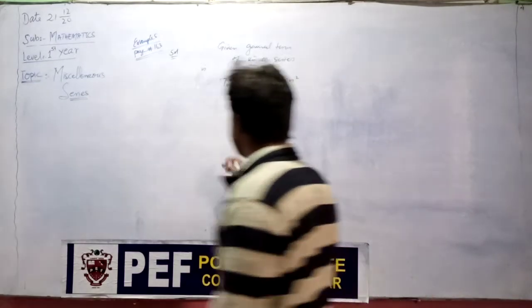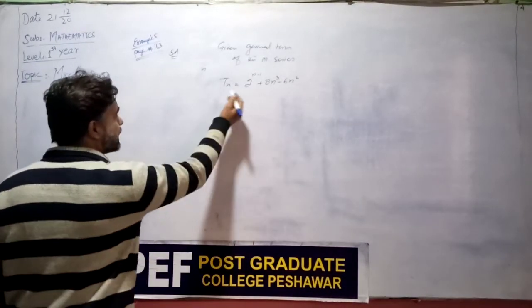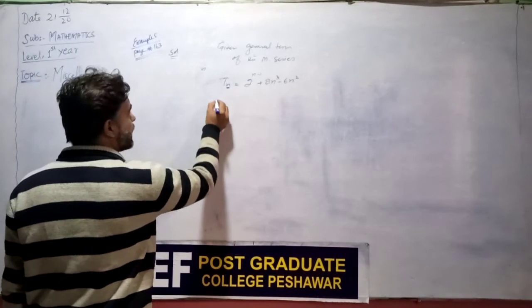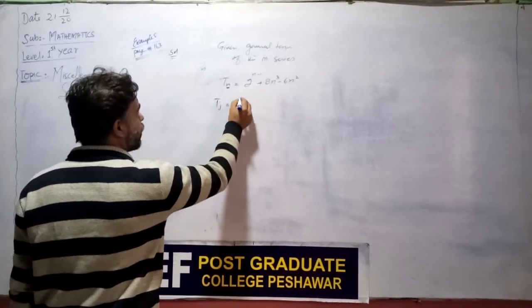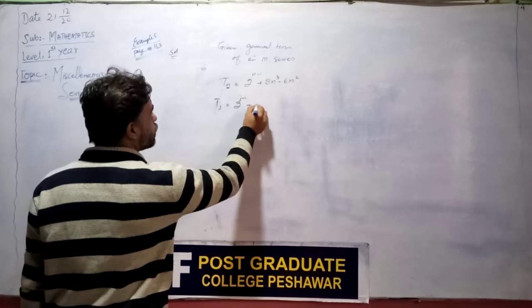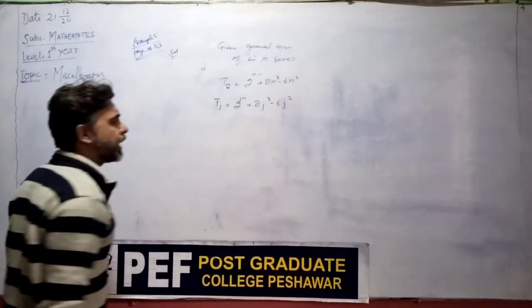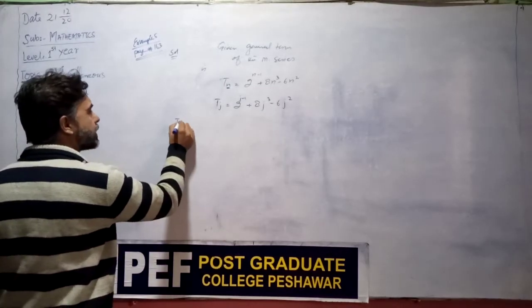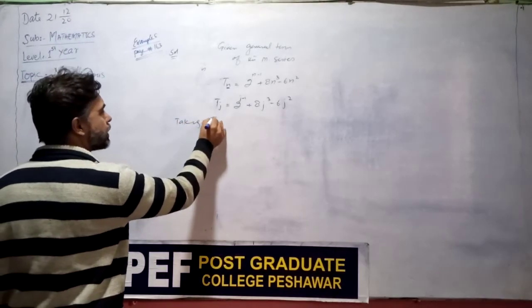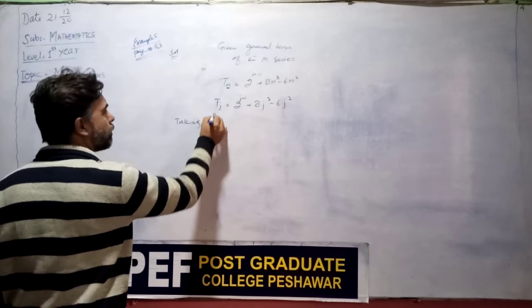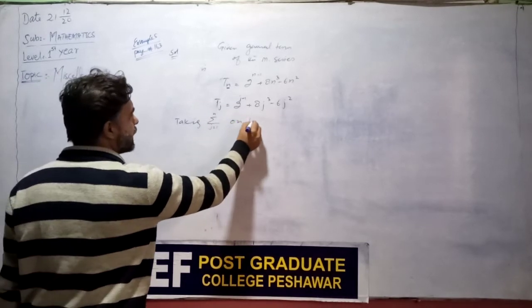So we can represent this by Tj, with j as the index. And now taking summation from 1 to n on both sides.